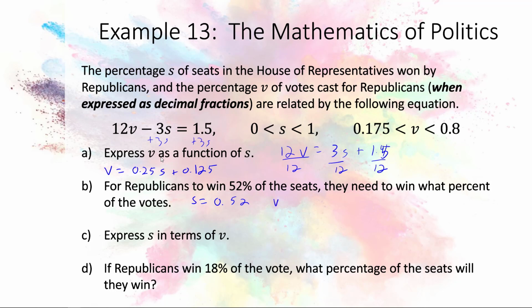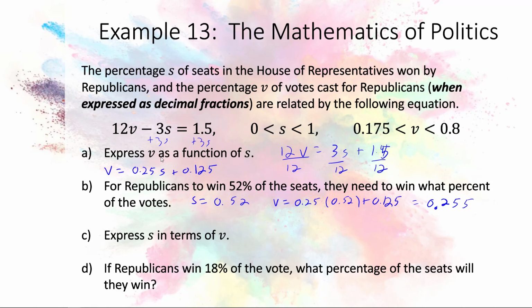That will be that V is equal to 0.25 times 0.52 plus 0.125. And that would give us 0.255.